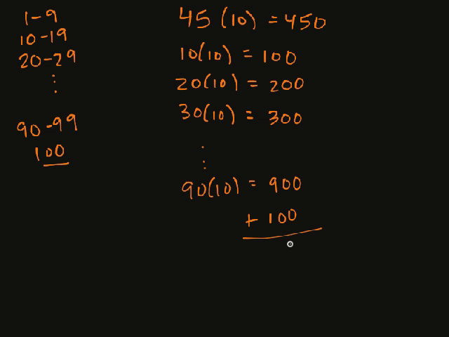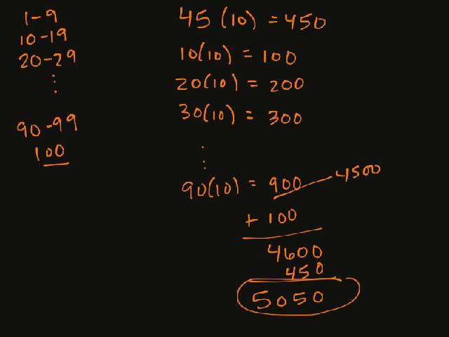And if you add all of those up, he actually gave himself a little shortcut. He said, well, if I know 1 through 9 adds to 45, then this must add to 4,500. So 4,600 plus another 450 gets me 5050. And that is the sum. So I thought that was kind of a clever way to go about doing it, to group it, and he was convinced of his solution after that.